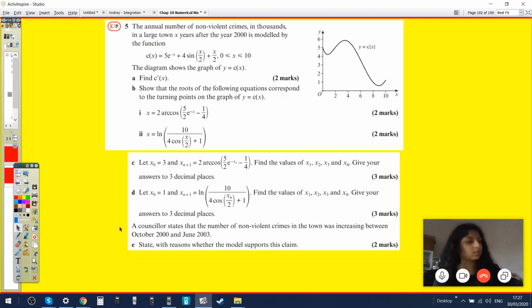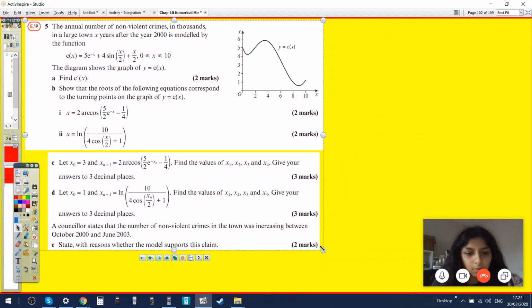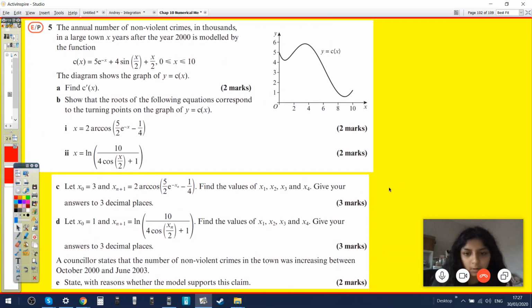Okay, how about question E, the last one. This starts from the year 2000. How are you meant to find October 2000 on the graph?